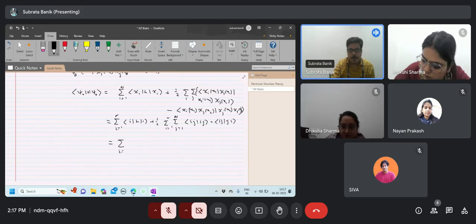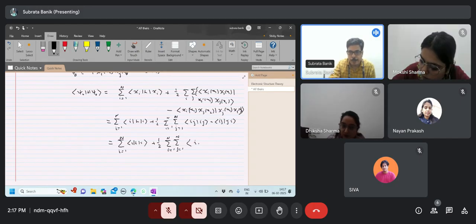I'll introduce one more notation today, just to make you familiar. This is h_ii plus half, i equal to 1 to n, j equal to 1 to n. This whole thing can be written in an even simpler form, ij double bar ij. Again, this is also Dirac notation.